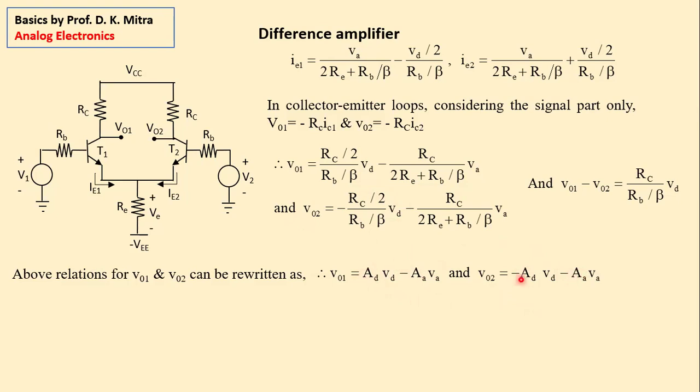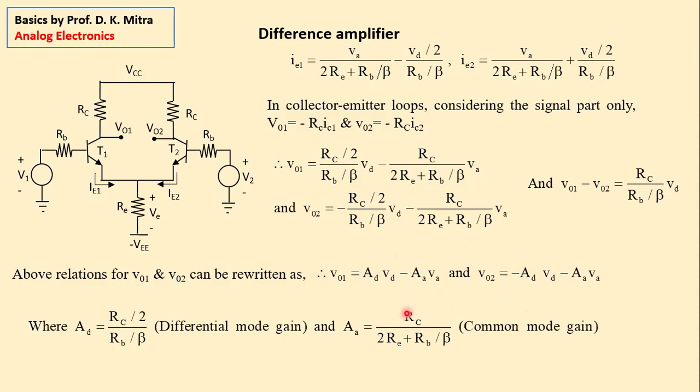This AD is equal to RC upon 2 by RB by beta. This is called difference mode gain because this is the difference voltage VD multiplication factor. And this is the common mode VA multiplication factor. So AA, this factor, is called the common mode gain.